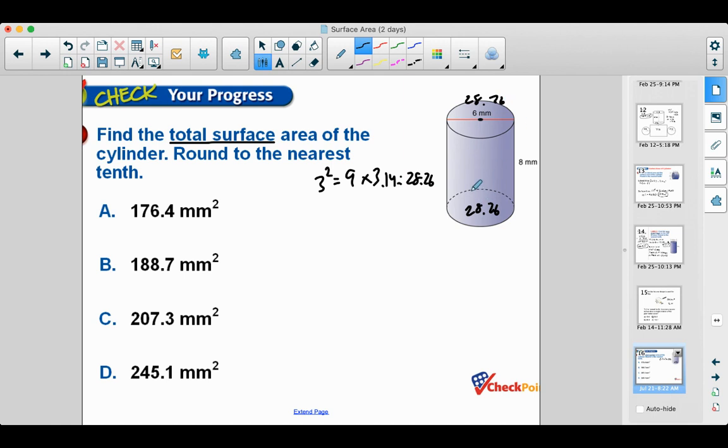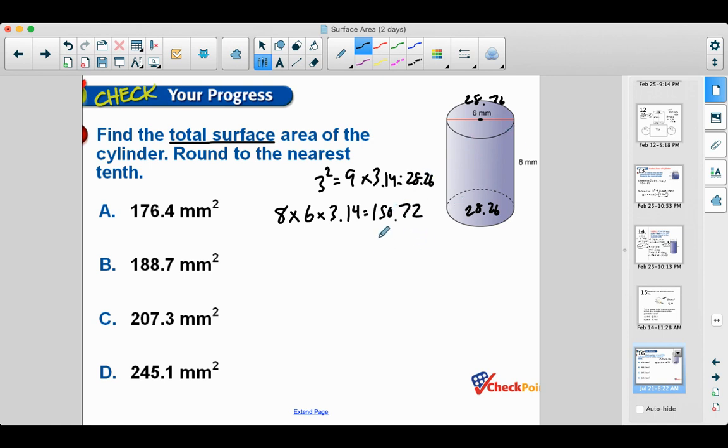For the rectangle around the outside, the height is 8. The length of it is going to be the circumference of the circle, which is 6 times 3.14. That gives me 18.84, times 8 is 150.72. So there's the area around the outside.